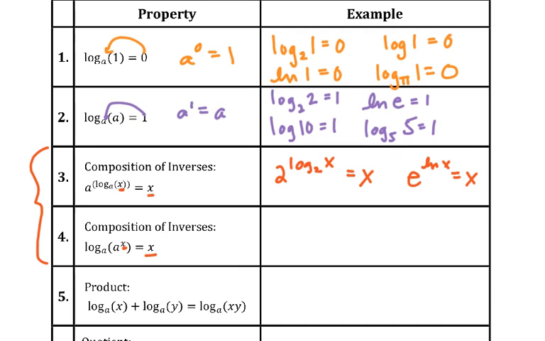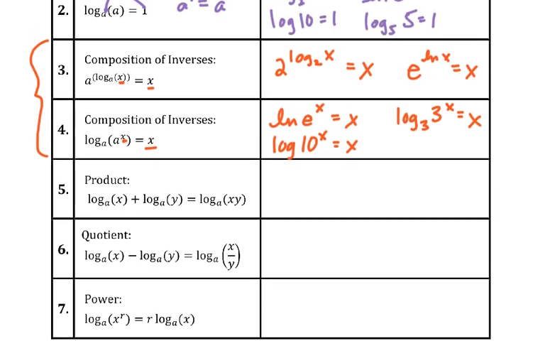Similarly, if we were taking the natural log of e to the x, that would equal x, or the common log of 10 to the x, that would equal x, or even just log base 3 of 3 to the x, that would equal x. So we have this property that simplifies our logarithmic and exponential equations nicely. They come in handy when we start talking about solving equations.